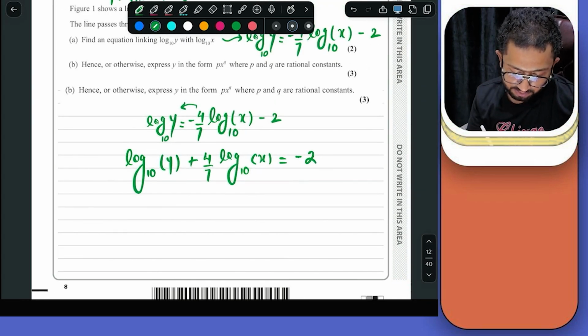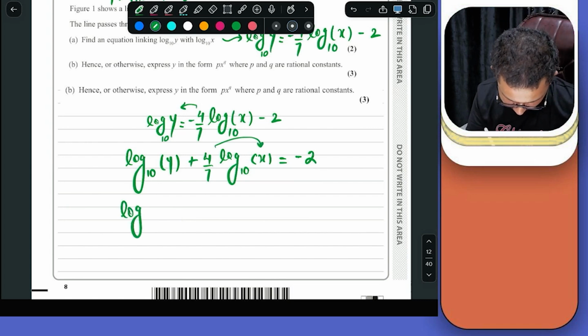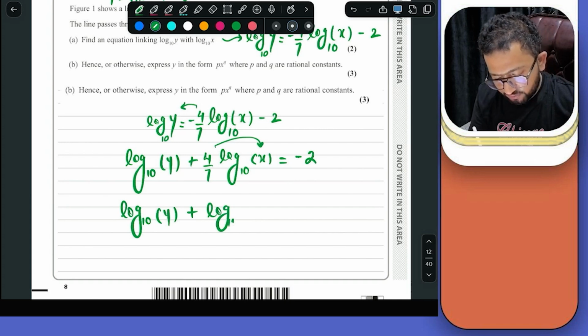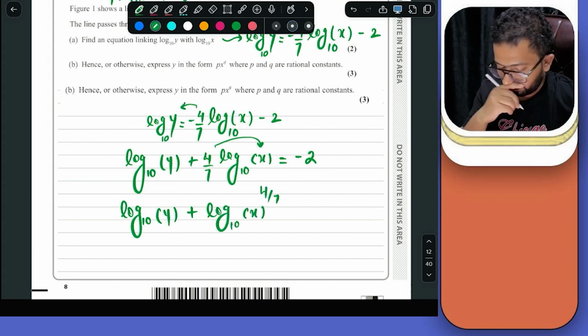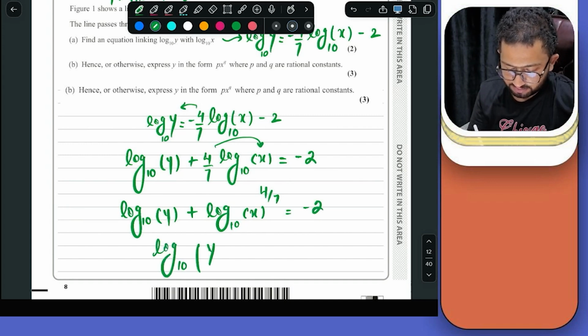So now I have to apply properties. The log with base 10 of y multiplied by x raised to power 4 over 7 equal to minus 2.